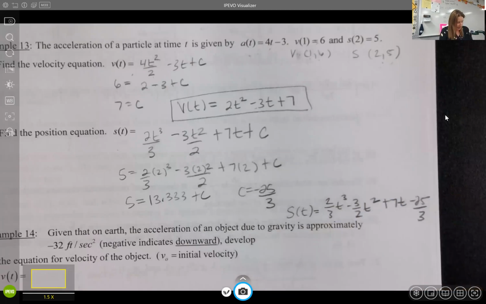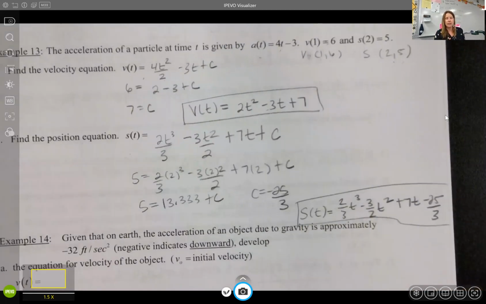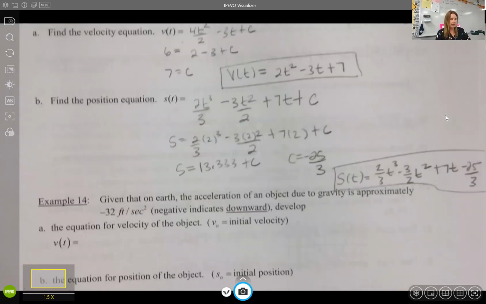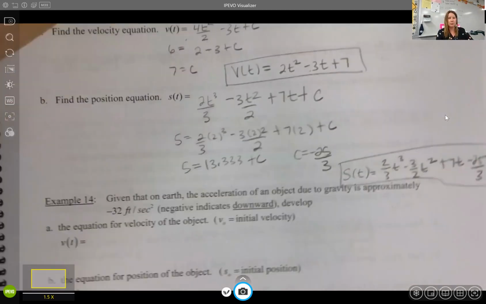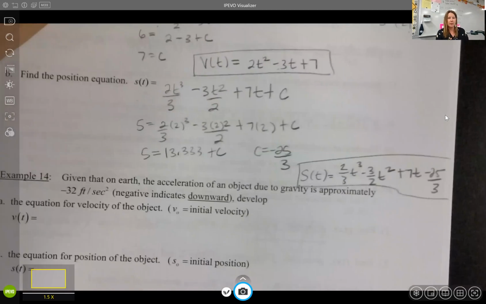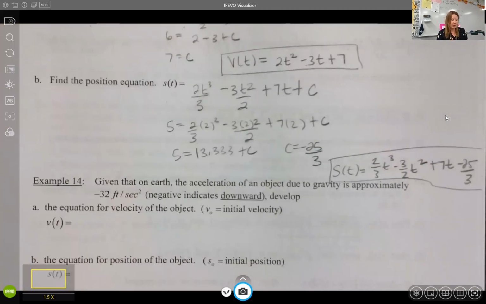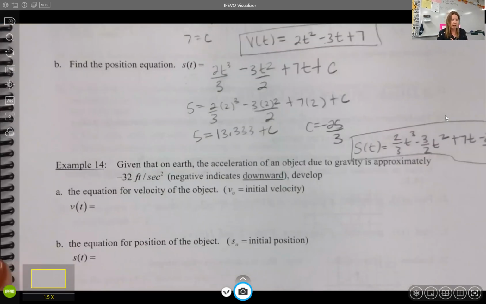So once I have these equations, then it can ask me other problems. Where's the max and min? How long is it in the air? What's the velocity at this speed? When is velocity increasing? Okay, so we can go through some different scenarios once we know what the equations are.